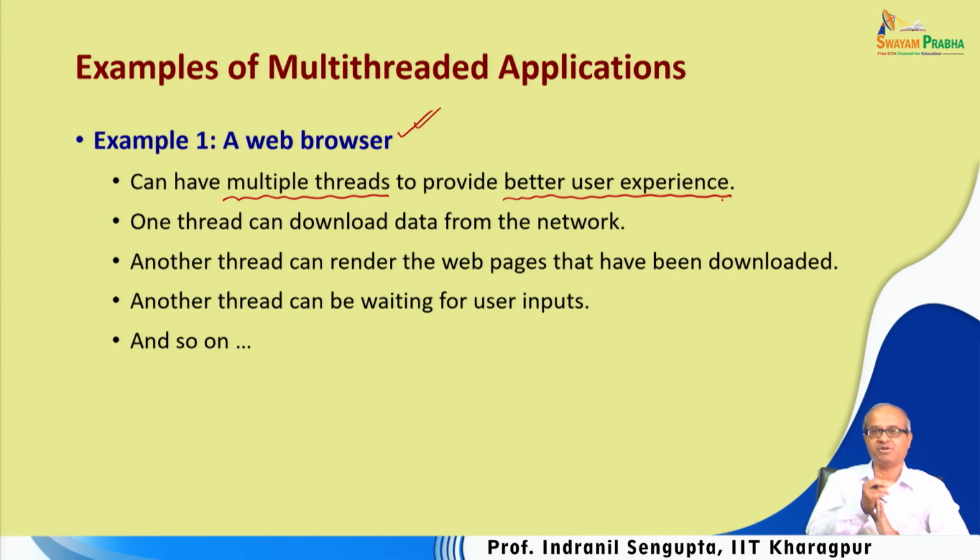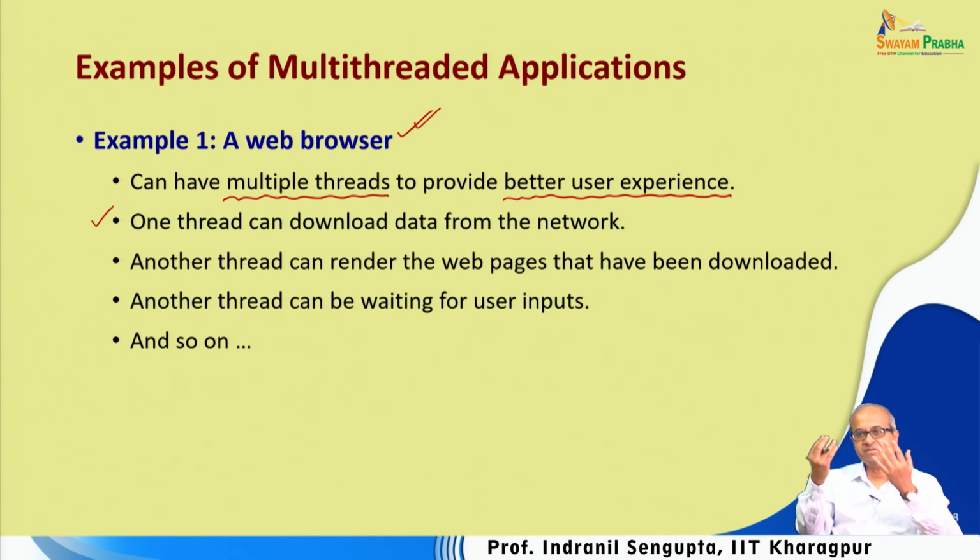Let us say for a web browser, you can have one thread downloading some files from the network, not one, maybe more than one also. If a web page contains multiple images or some video file which needs to be downloaded, you can have multiple threads which download them together in parallel.